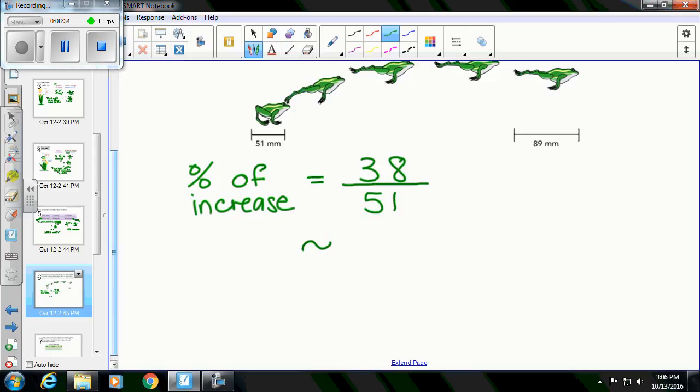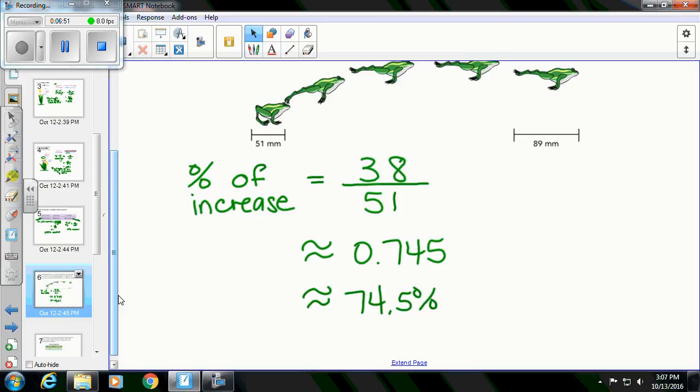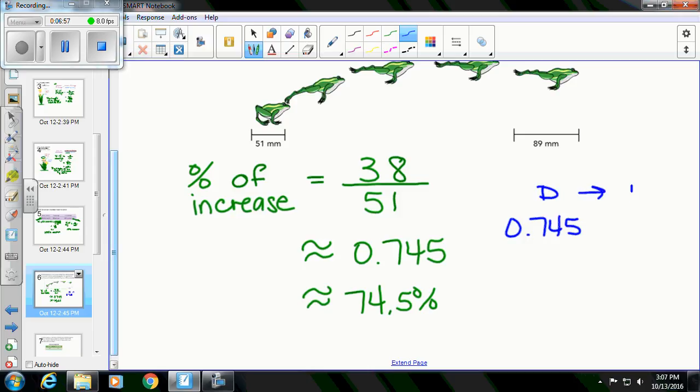When I do the math, that is approximately 0.745. And when I convert that to a percent, that means it's approximately 74.5%. Remember to convert from a decimal to a percent, move my decimal point over 2 places.